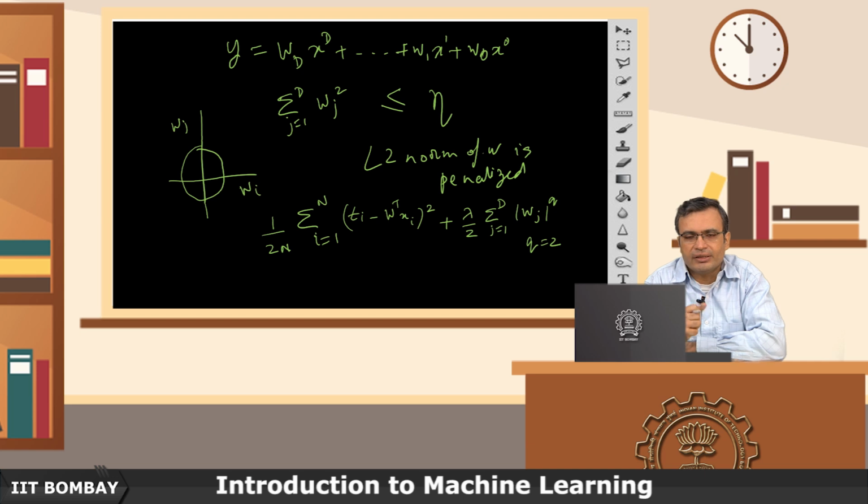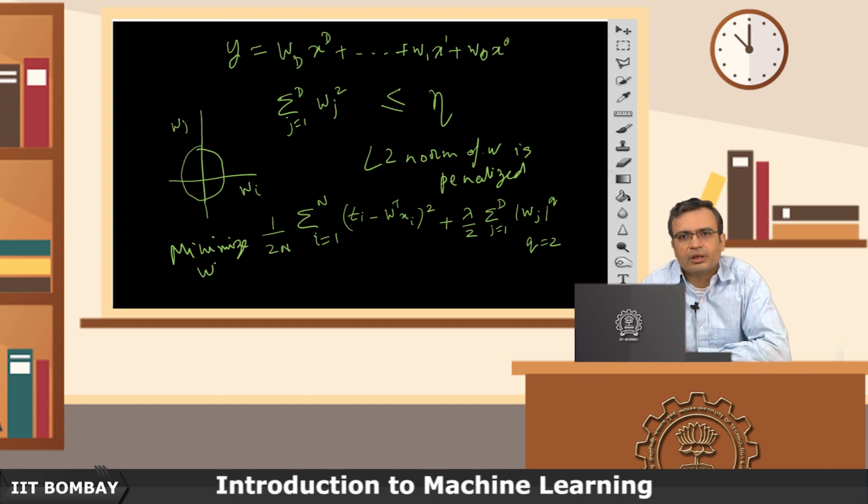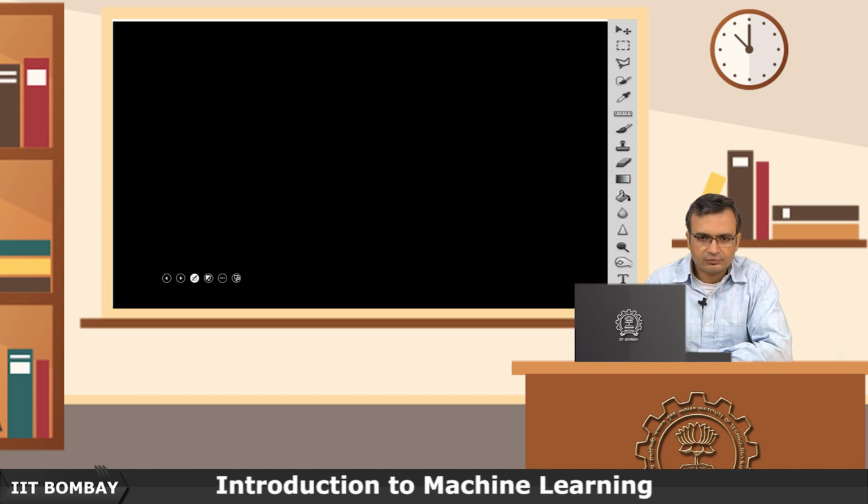If your lambda is 0, then it will be as if the second term does not exist, and you will have unconstrained optimization, the unregularized problem that we have already looked at. So we want to minimize over w, find a good w vector that will minimize this. So how will we do this?